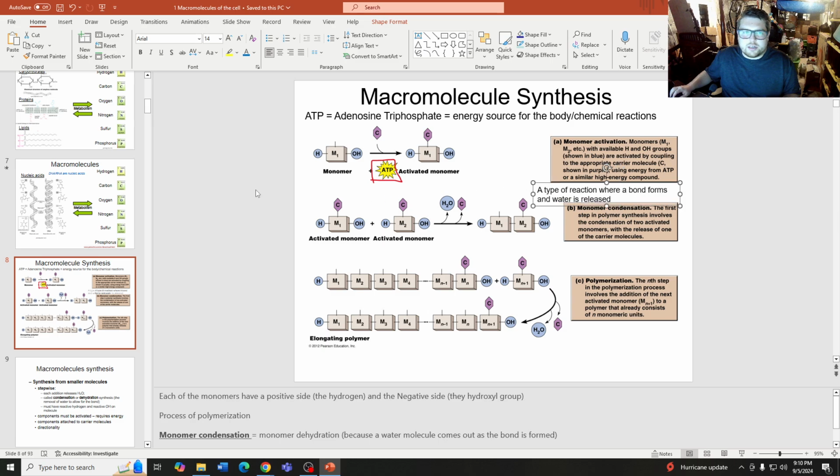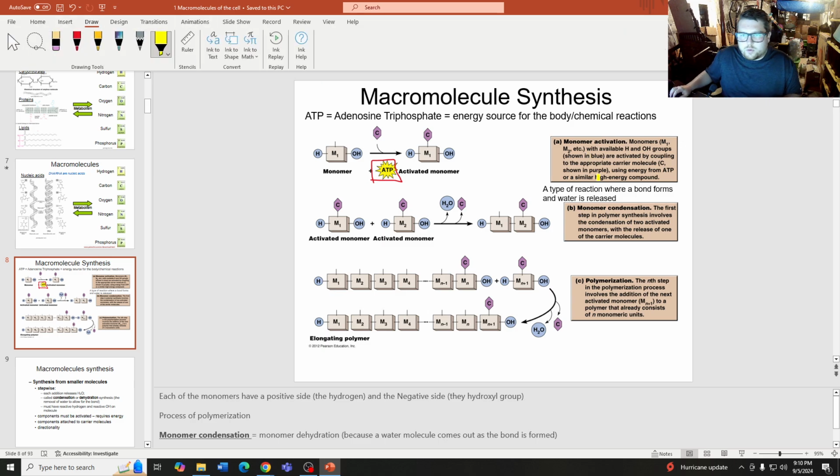That's condensation. Again, in my biochem videos, I go deeper into all of those different types of reactions. Condensation is a very important one, in the process of bond formation. So in this page, we'll want to remember that word right there, monomer condensation, the type of reaction that helps form bonds between monomers.